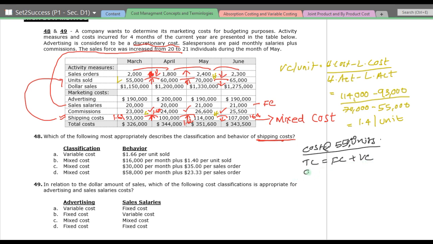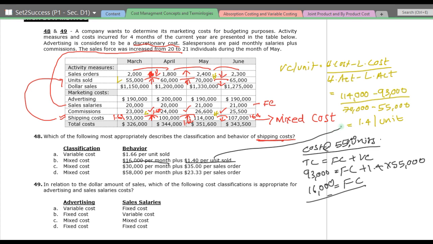Total cost is 93,000, the fixed cost we don't know, we need to find it, and variable cost is 1.4 times 55,000. So the fixed cost comes to 16,000, which is the fixed cost per month, and 1.4 per unit sold is the variable cost. The classification of shipping cost is mixed cost. So option D is correct.